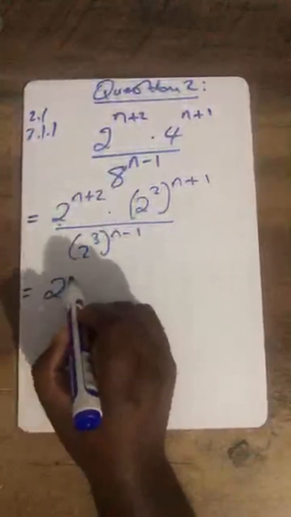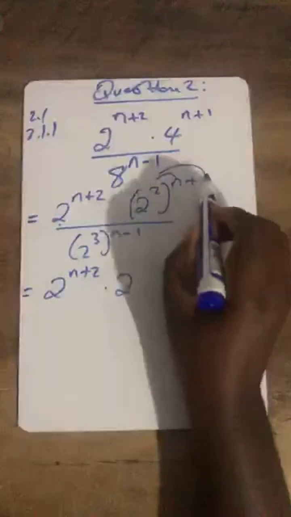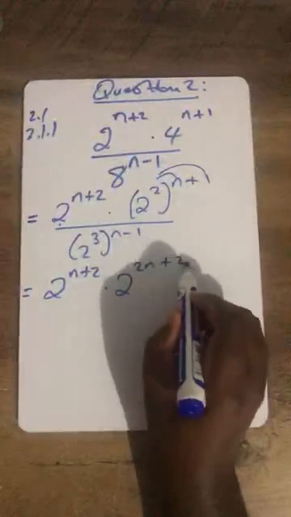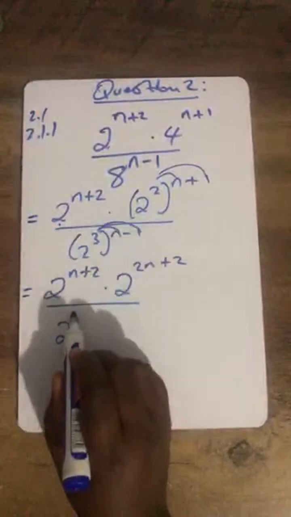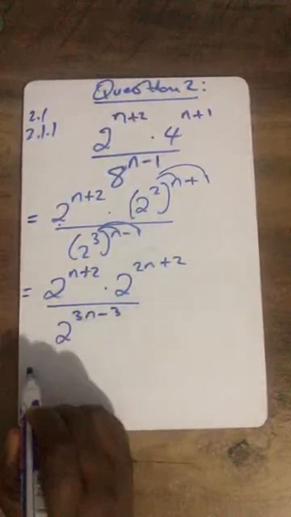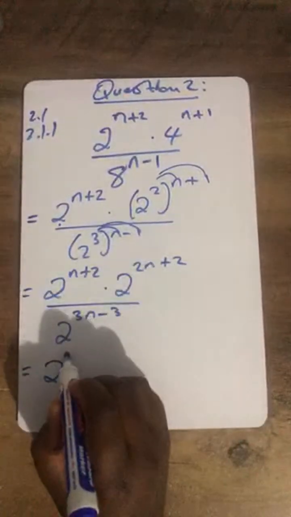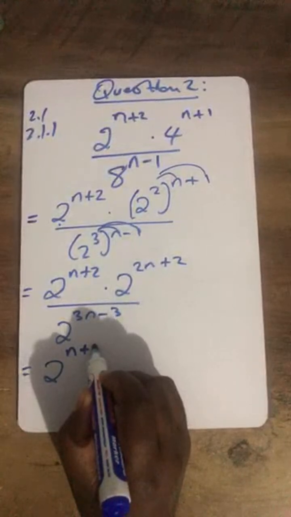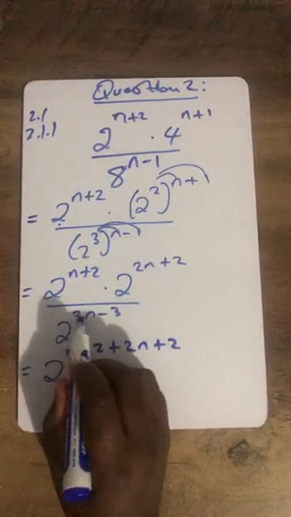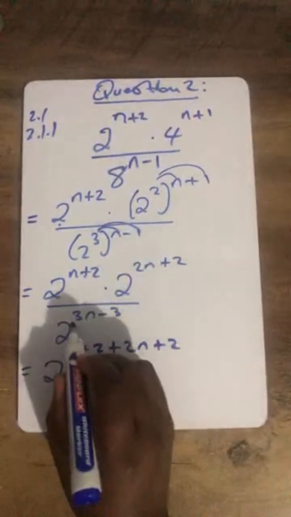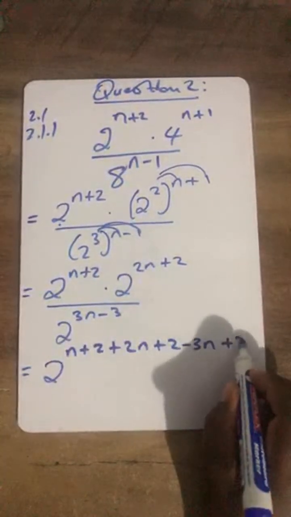So we have 2 n plus that multiplying by 2, that by that, that by that is 2n plus 2 over 2, that by that is 3n minus 3. Then we have the same bases, we add the exponents. So that means we have that, and then we have that. These ones, you change their signs. You see there's positive 3, you write it as minus 3. And that one is positive 3, you write it as positive 3.